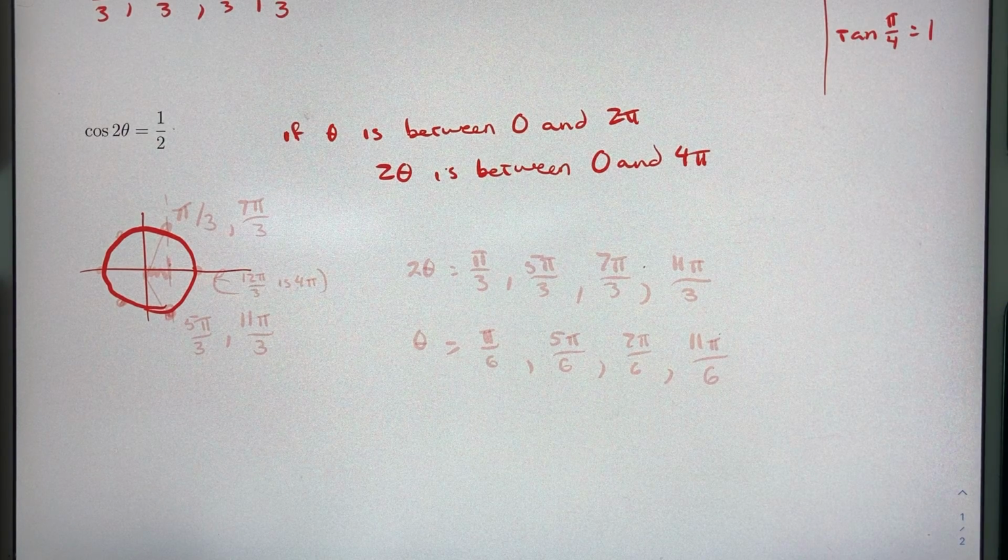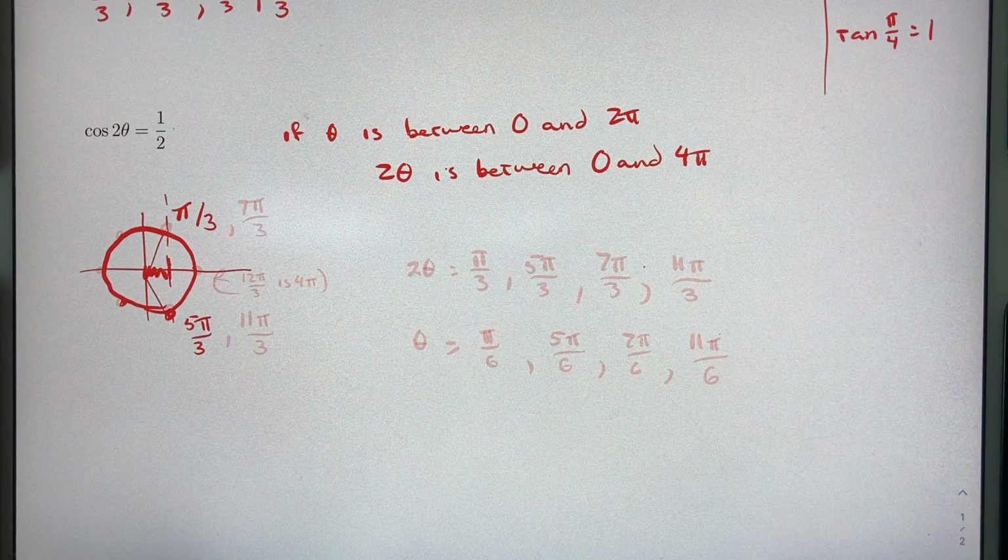Okay, so when does cosine equal 1/2? Remember, cosine is the x coordinate. Looks like we're closer to the y-axis. This is pi over 3. This is 5 pi over 3.